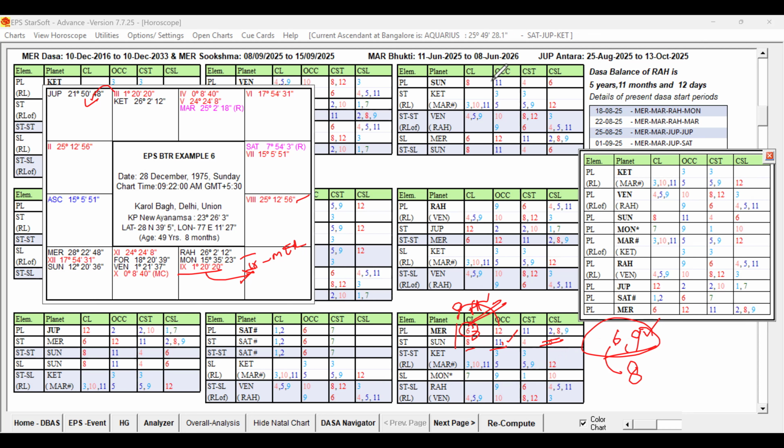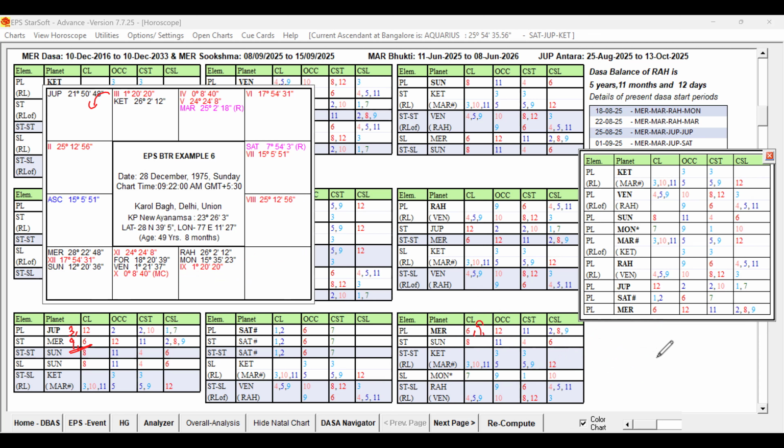Now, by doing this, what will happen? This will get 9, and obviously Jupiter will get 3. 3 will move here. So 3, 12. Mercury will have 9, 6, right? When 9 6 is coming, then Mercury will have 9 6.